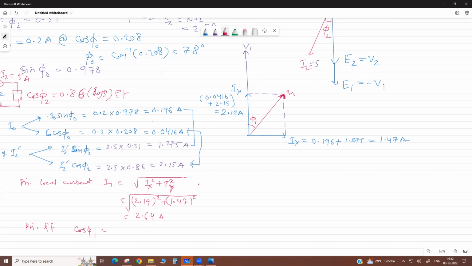Now in this triangle, this is I1, this is Iy, and this is Ix, correct?